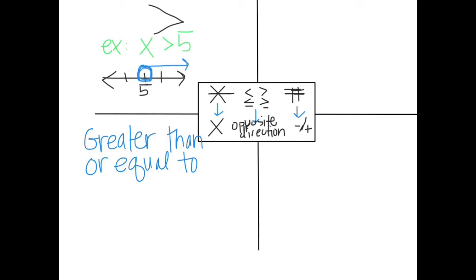An example would look like x is greater than or equal to -1. So these two things read the same. The greater part of the arrow up here in greater than comes first. The greater part of the arrow comes first here too, but I read it as greater than or equal to because of this line right here.